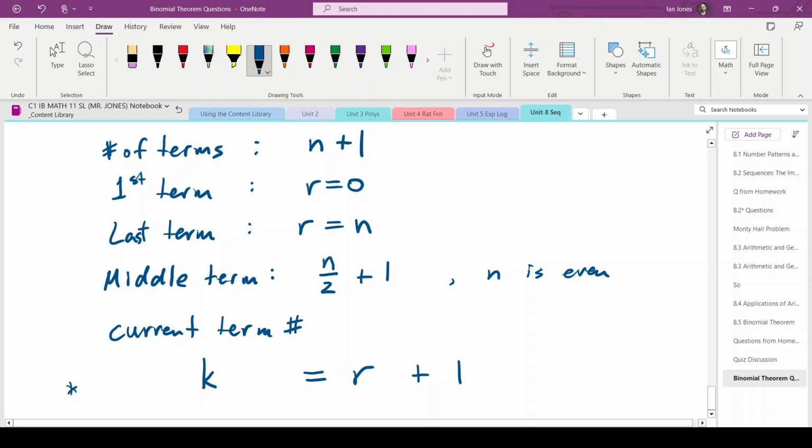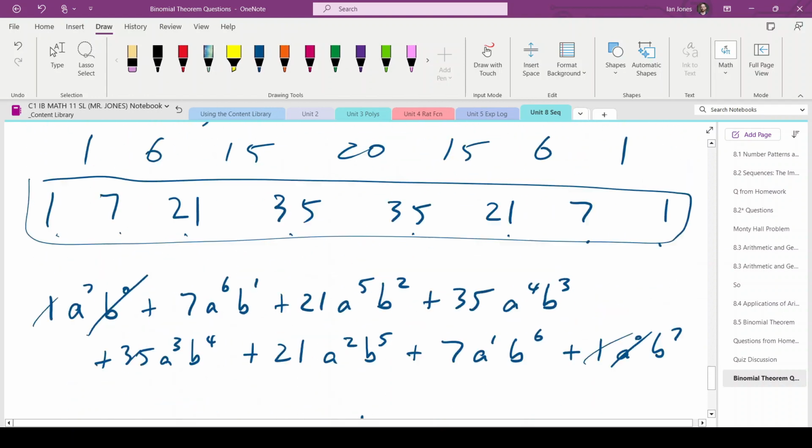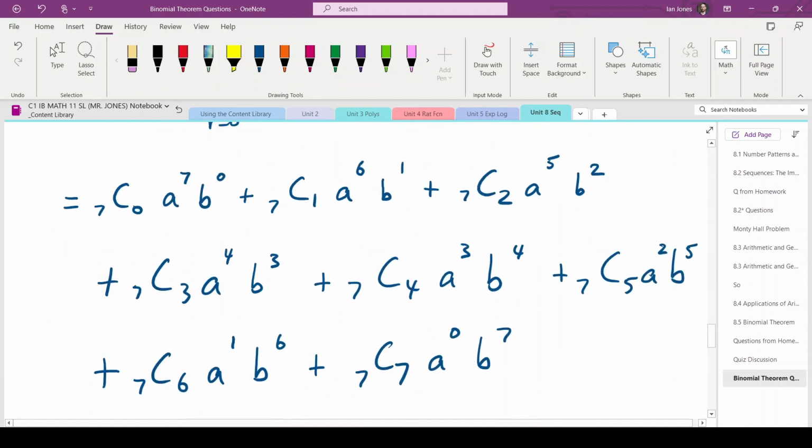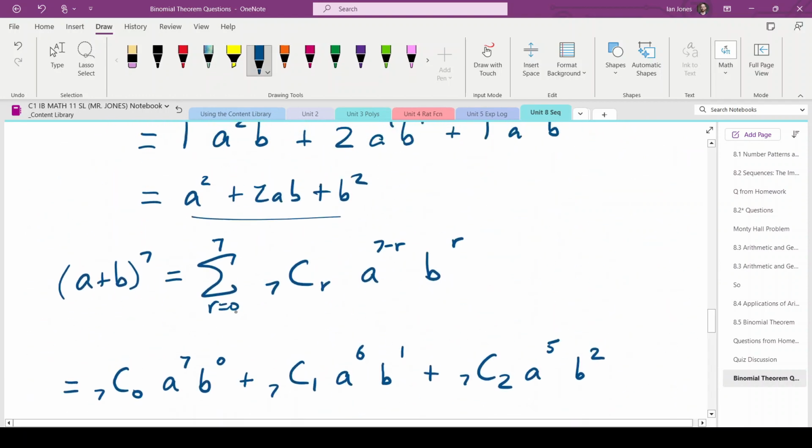K equals r plus 1. The current term number is r plus 1 because we always start with r equal to 0. And so the very first term is, well, 0 plus 1. And then we move on. r is 1 in the second term. So again, we have r plus 1.